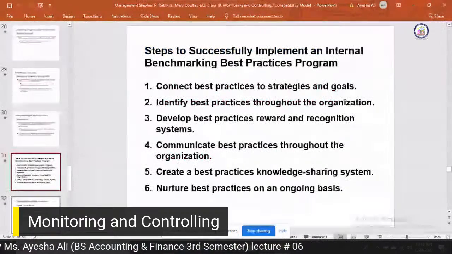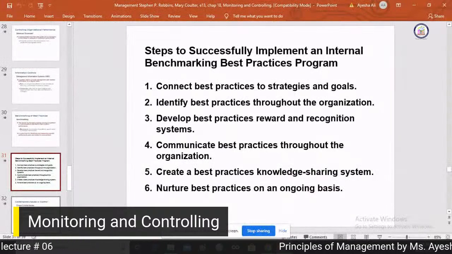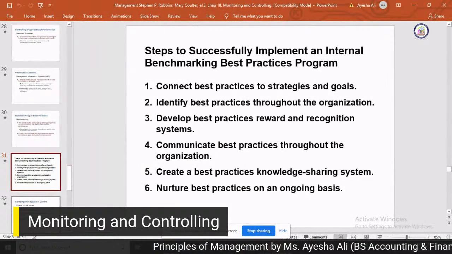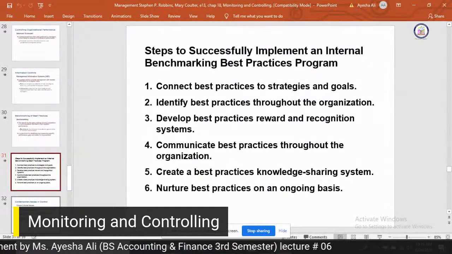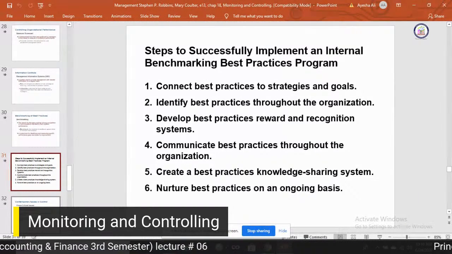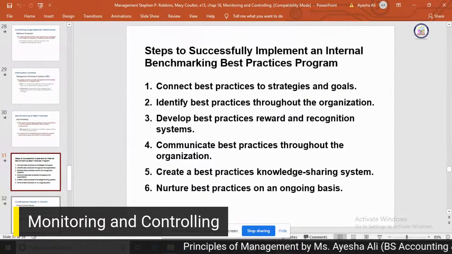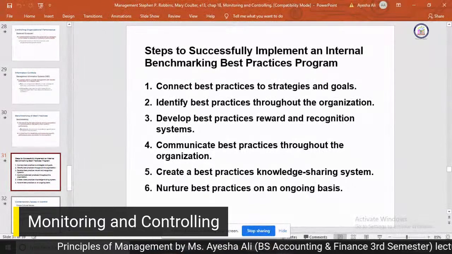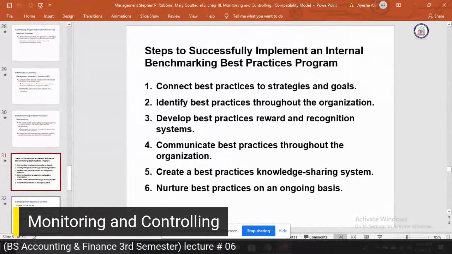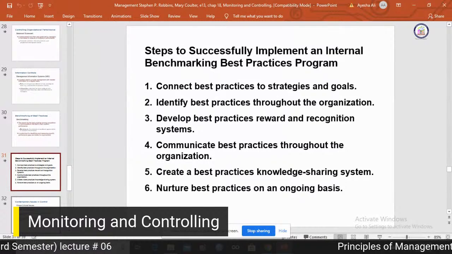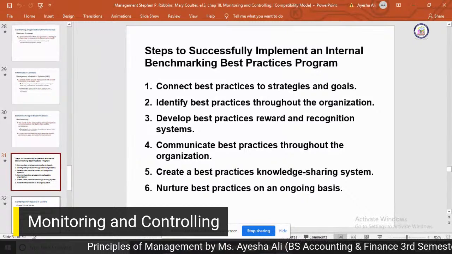So then, with this step, we have to follow in adopting the benchmark best practices program. First one is to connect the best practices to strategy and growth. If we find out that ABC company has good practices, and it will be beneficial if we adopt them, because we need it and we have to work on it, so we can include it in our strategy and goals.